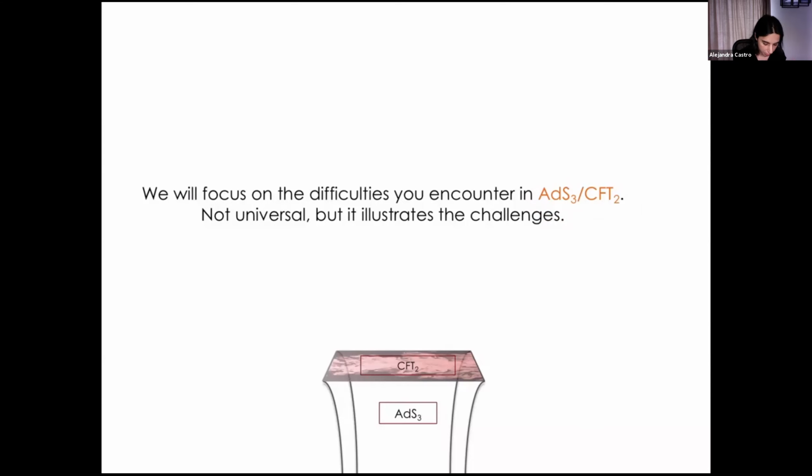But not everything that I'm going to say is going to be universal. Many of the tools that I'll be using won't immediately extend to higher dimensions. But albeit that, I think this example still illustrates the challenges of how we go about identifying conformal field theories that have these semi-classical gravitational properties.